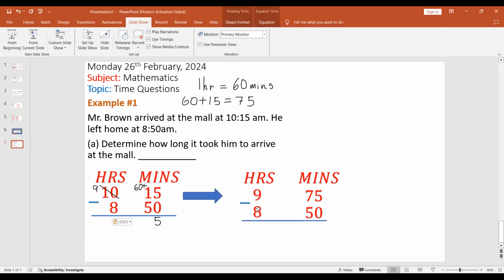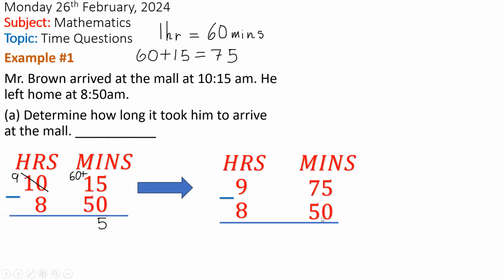What is 5 minus 0? 5. What is 7 minus 5? 2. What is 9 minus 8? 1. Very good.